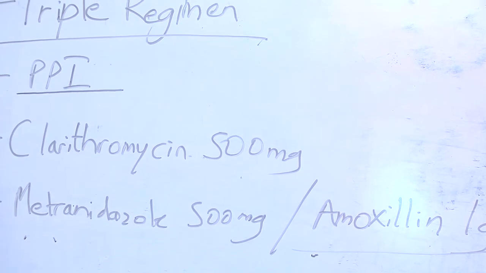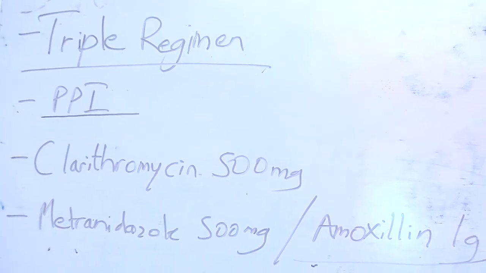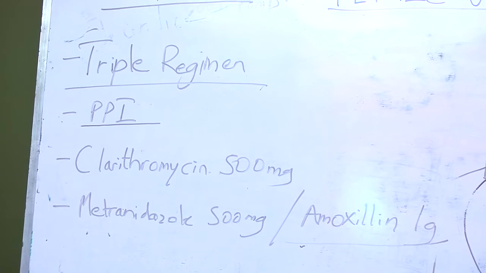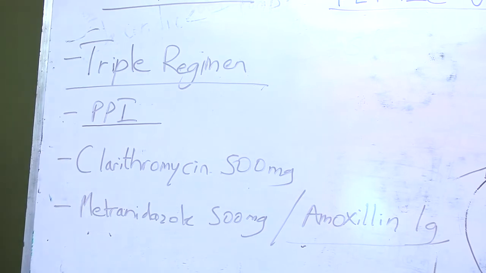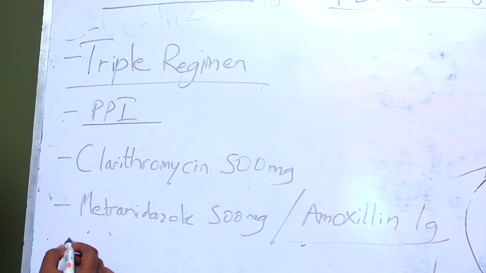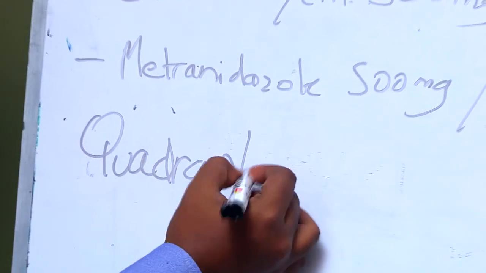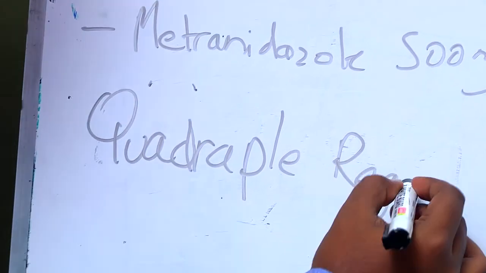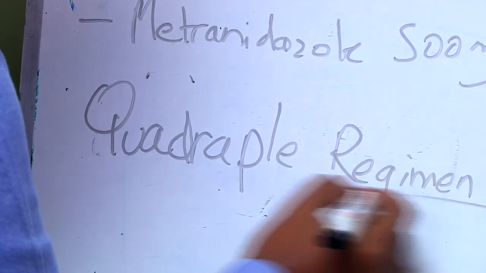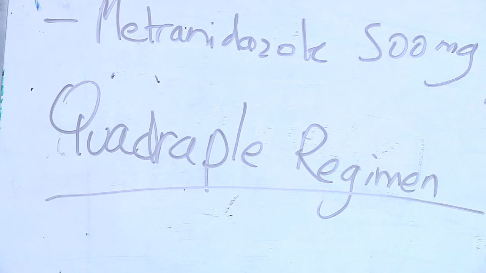And then when this does not work and when your ulcer has reached a second stage or even a third stage, what you can do is go to a quadruple regimen, wherein you give 4 drugs, right?